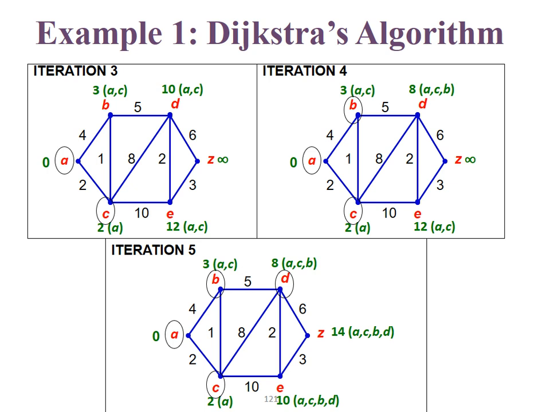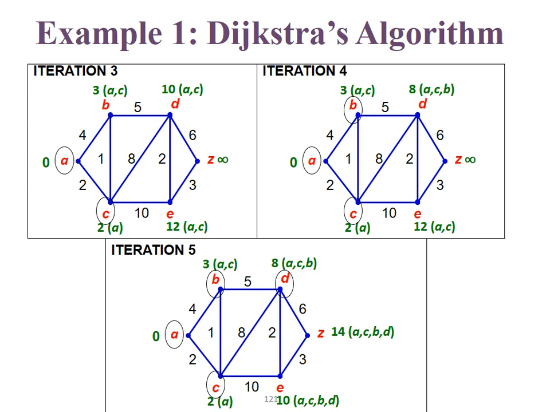So then we give a circle to indicate D is already chosen into the minimal set. Then we can try to update the vertex E and Z. Okay, so now we can see E can be reached by B and D. So we need to check which gives us the shortest path. 2 plus 10 is 12. 8 plus 2 is 10.